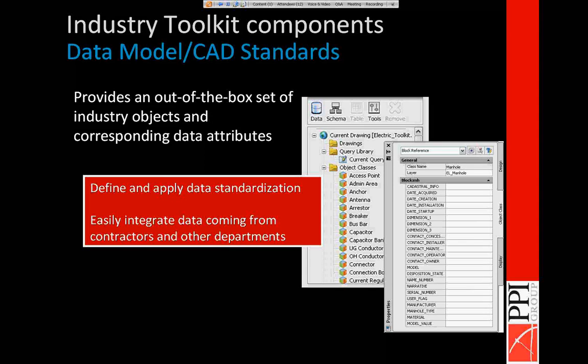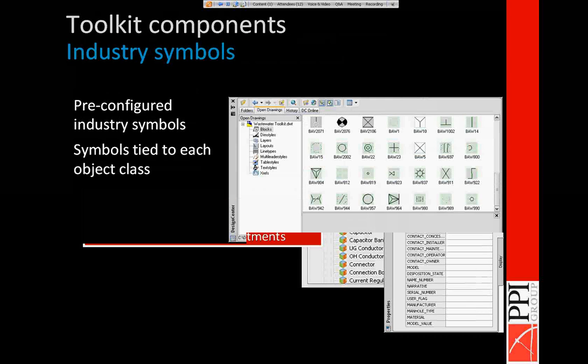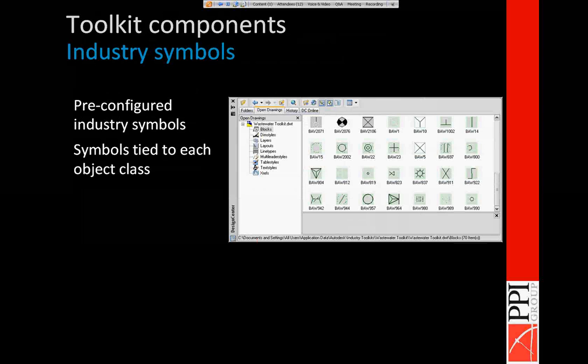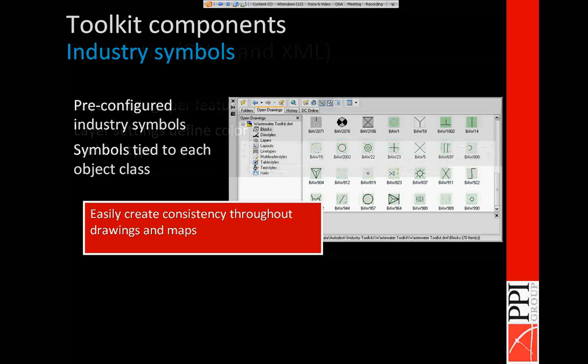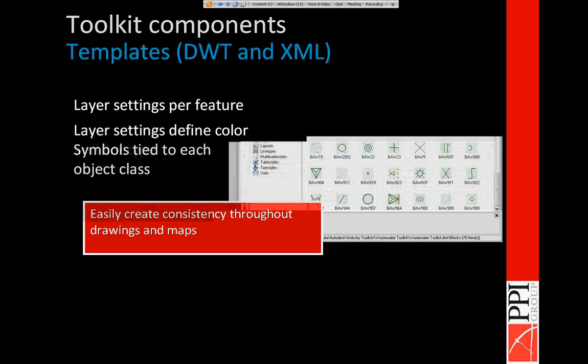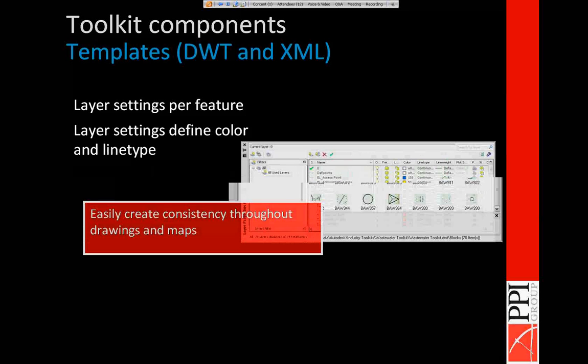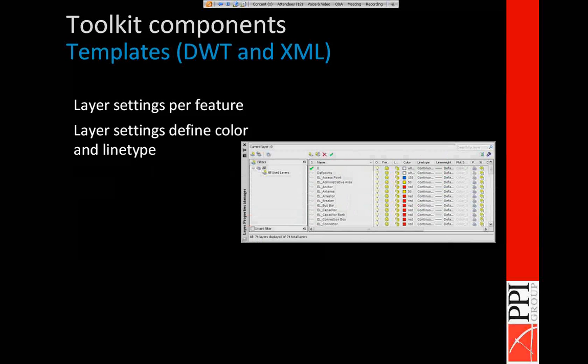The symbols, as I already mentioned, are also pre-configured. Each symbol is tied to an object class. This allows you to easily create maps, building in a standard, a consistency throughout your maps. Each object classification also comes with a predefined layer setting.